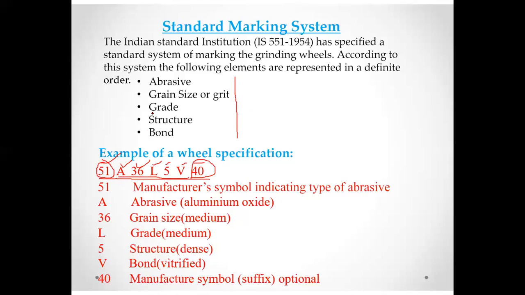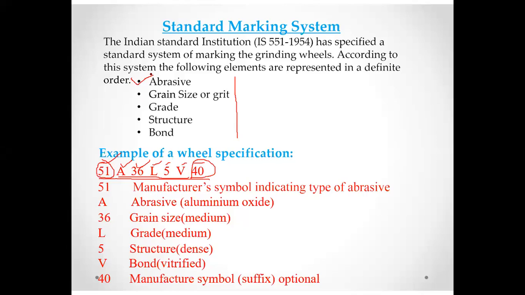The most important thing in any grinding wheel is its abrasive material. Normally a grinding wheel is made of abrasive particles, or nothing but abrasive grains, which are bonded together by a bonding medium. The hardest material in a grinding wheel is the abrasive particles. Different types of abrasive particles are there, natural as well as artificial.